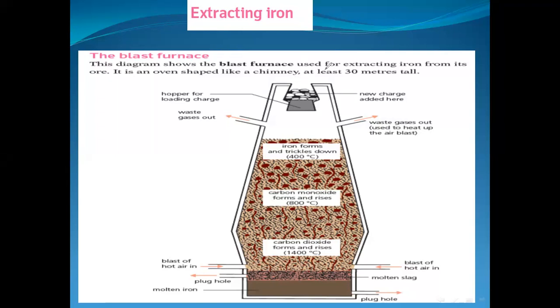What would happen if there is no slag? Check here. Look, you can see molten slag. Here, molten slag. Below the molten slag, we have molten iron. My question is, what would happen if there is no molten slag?